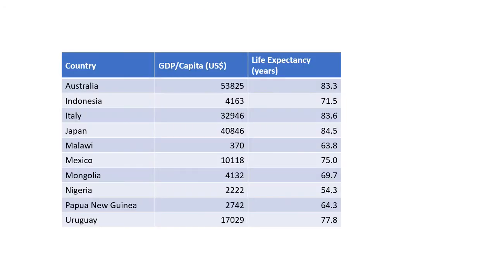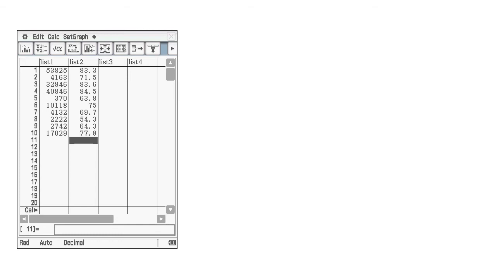So once we've done all that, that's fine. Let's do another example. This time we're going to do GDP versus life expectancy. Again, this is all genuine data. And so the first thing you do is put your numbers in the calculator. So again, keep track of your lists. List 1 equals x, and the x is GDP. And list 2 is our y, and that is life expectancy.